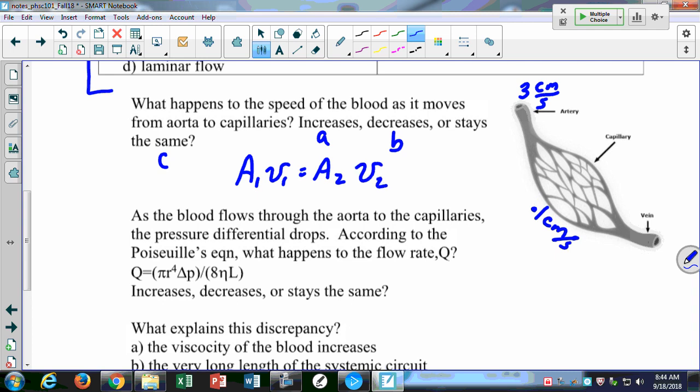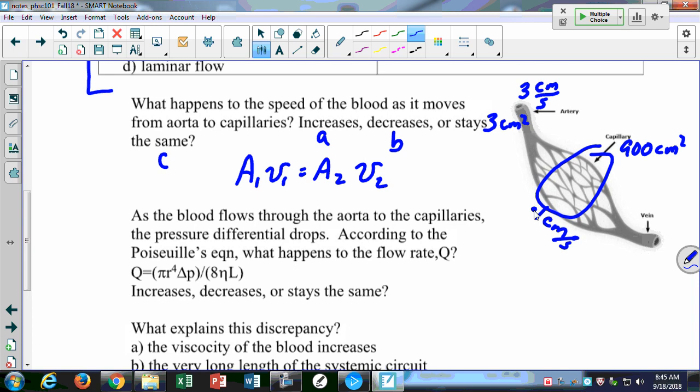The product of the area and the speed has to remain the same, because the area of the aorta is relatively small. It's about 3 square centimeters, but the combined area of the capillaries, now the individual area is really small, is 900 square centimeters.